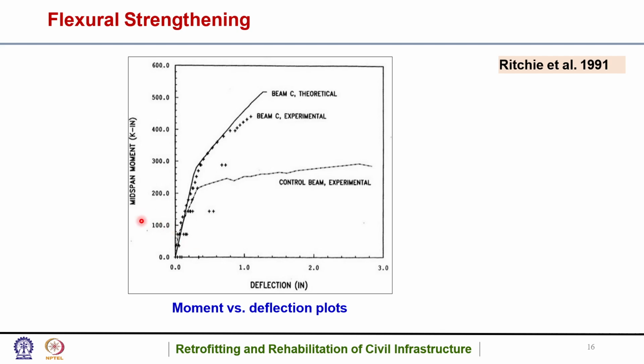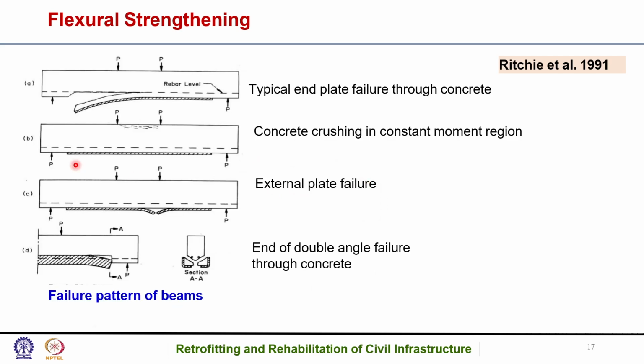This is a plot between mid-span moment and deflection for the control beam and the third beam C, obtained both experimentally and theoretically. The deflection was less, and they were able to take more mid-span moment as compared to the control beam, which was not retrofitted basically.